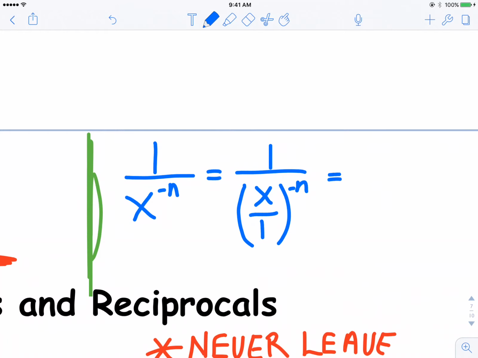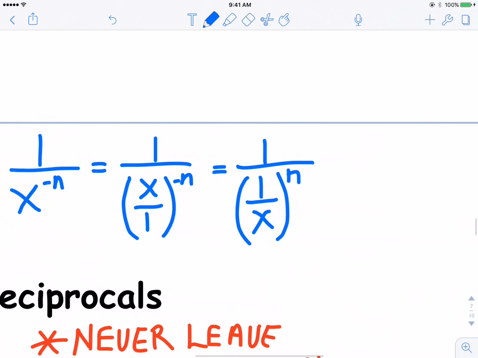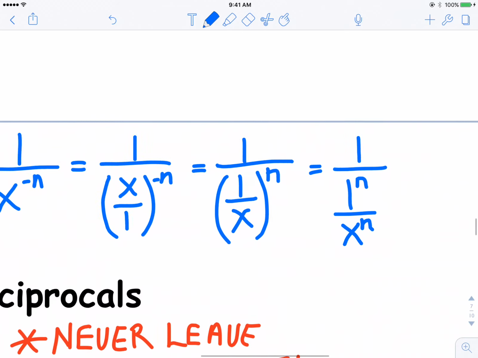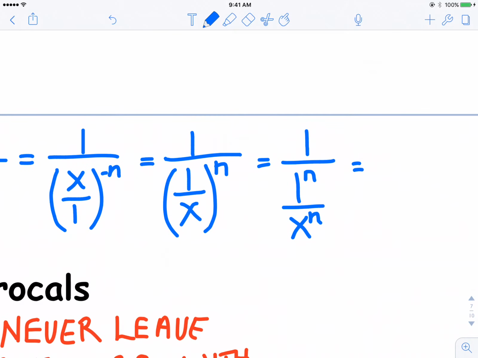I flip that fraction, 1 over x. Now my exponent is positive. The negative sign disappears, which is now just 1 over 1 to the power of n over x to the power of n, which again is just equal to 1 divided by 1 over x to the n.